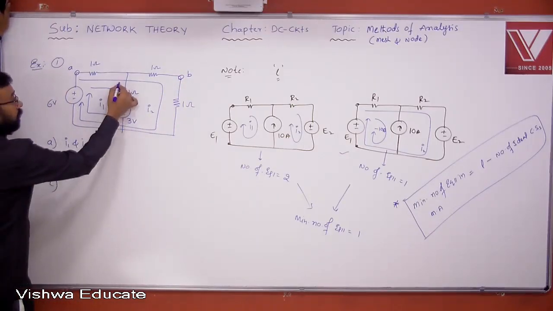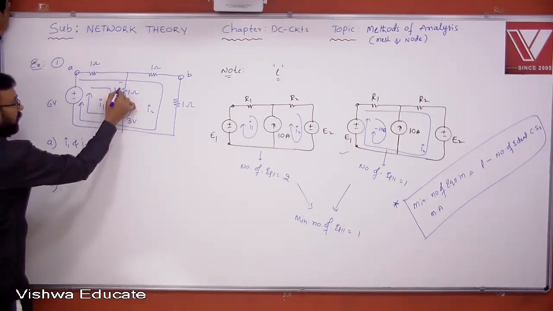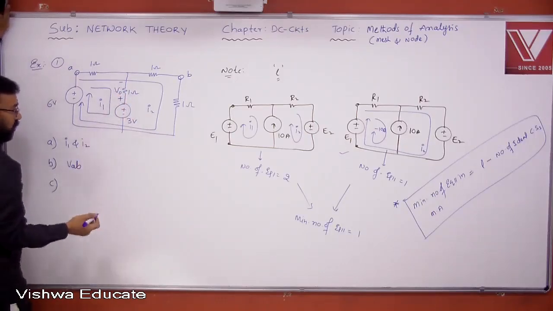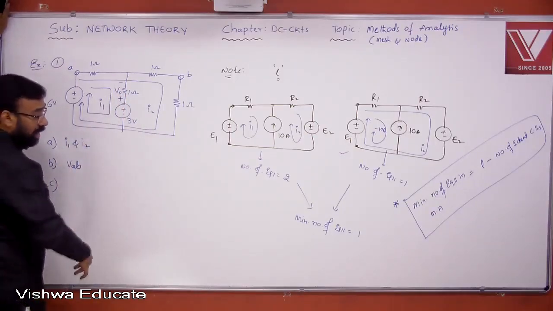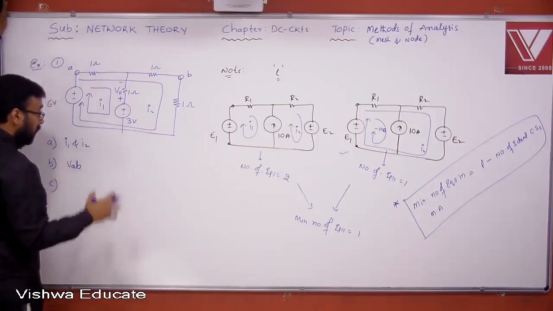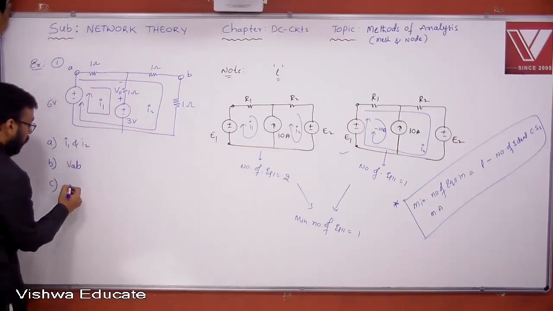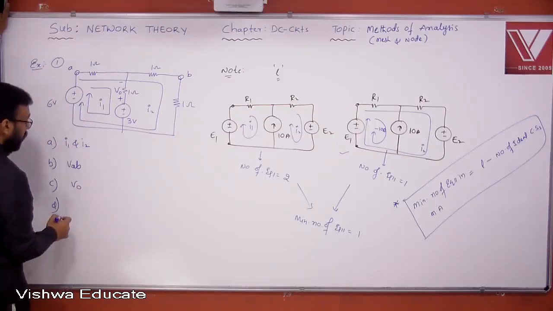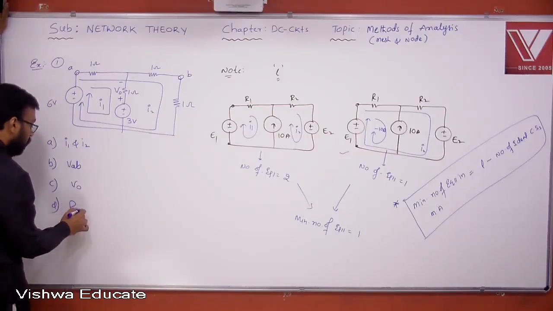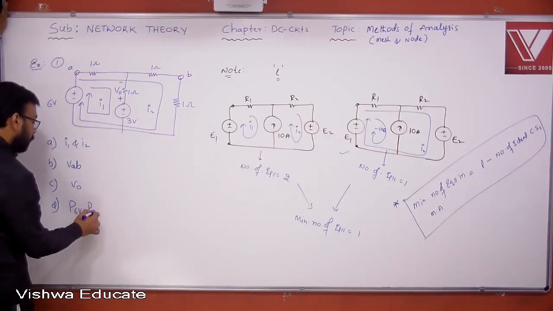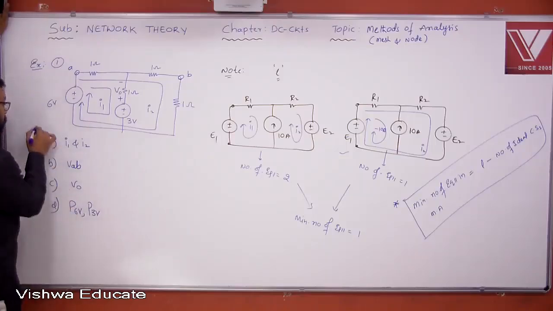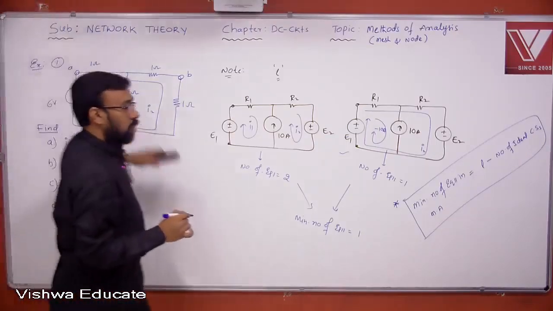C. Find V0. In an exam you will get only one question. I am just trying to find several things here just for getting experience in a single problem itself, okay? D is asking what is the power of the 6 volts and 3 volts sources. Please note down this question.